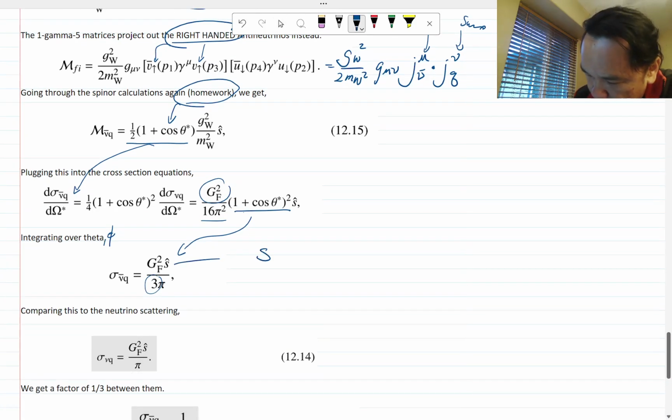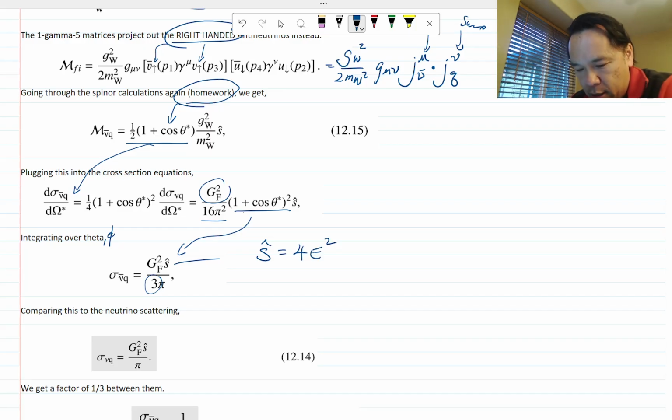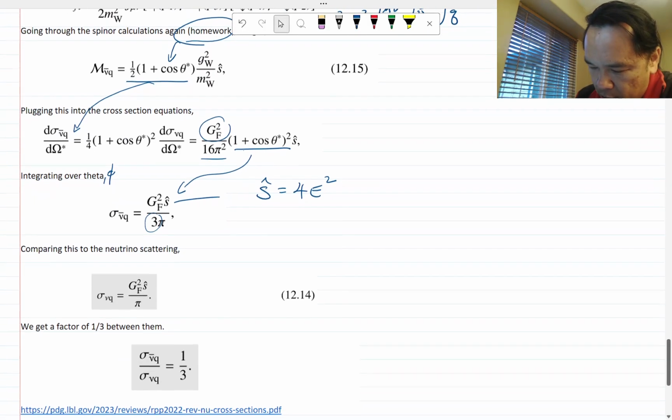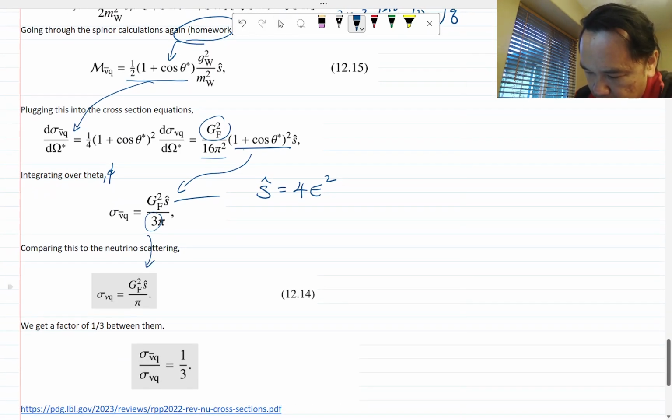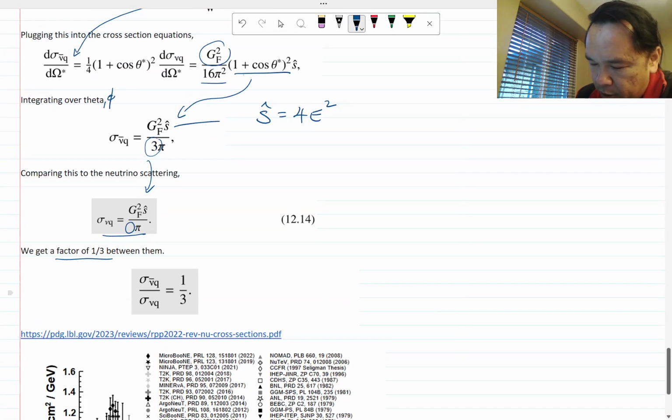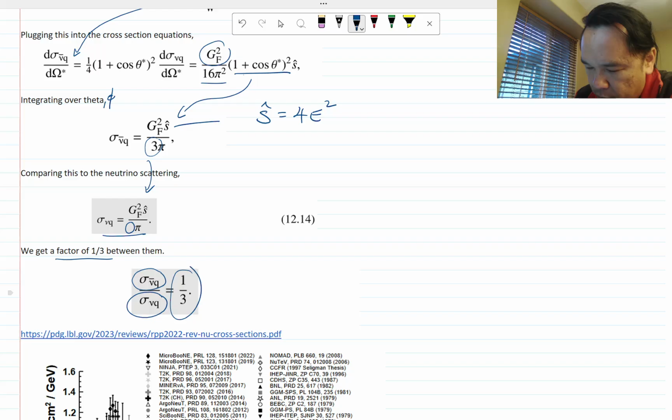It still has this 4 times the energy squared dependency, so it still goes up with energy, but it's knocked down by a factor of 1/3 compared to neutrino scattering. The factor of 1/3 is between the antineutrino and the neutrino cross sections.